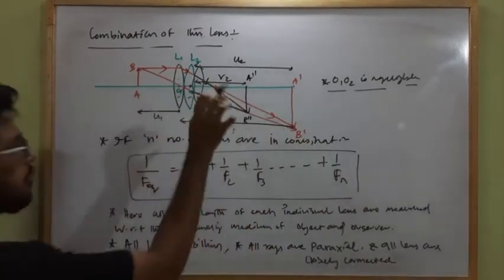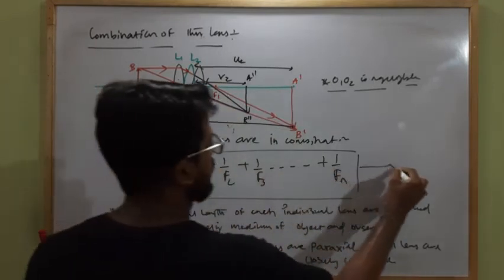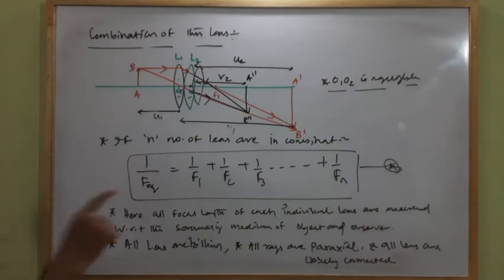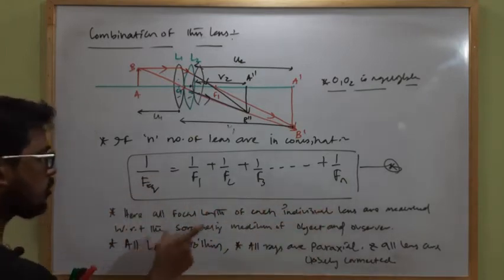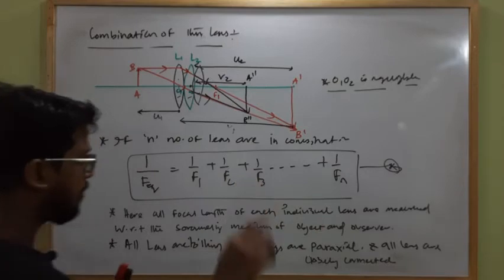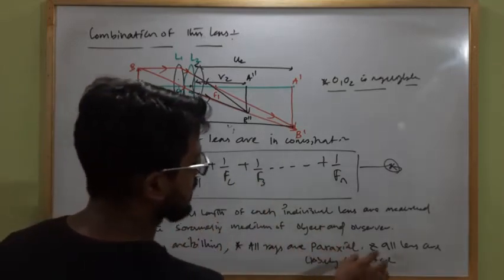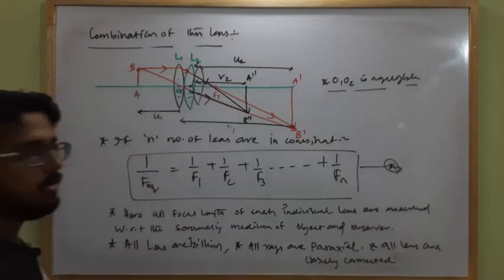If there is separation between the lenses, then we can't apply this formula. So here all focal lengths of each individual lens are measured with respect to the surrounding medium of object and observer. All lenses are to be thin, all rays are paraxial and all lenses are closely connected.